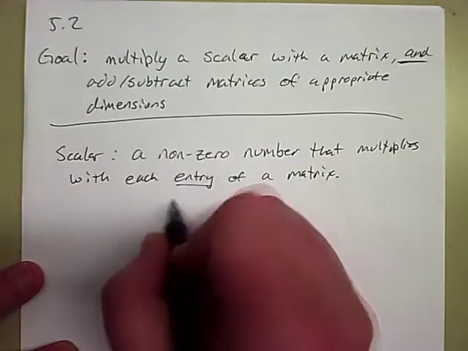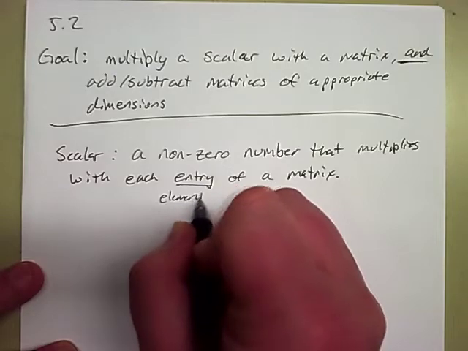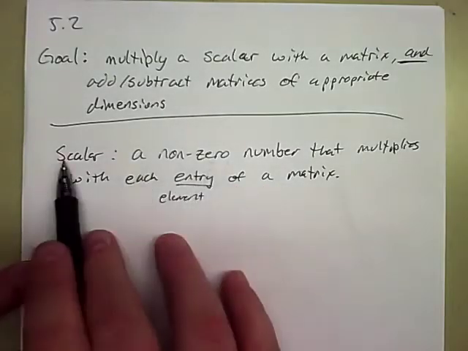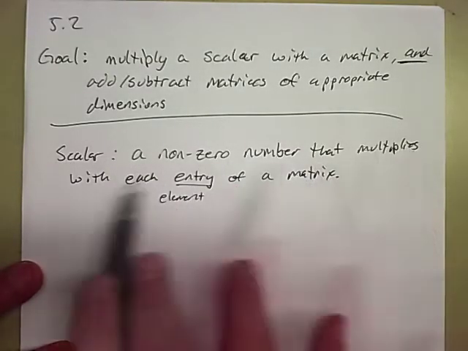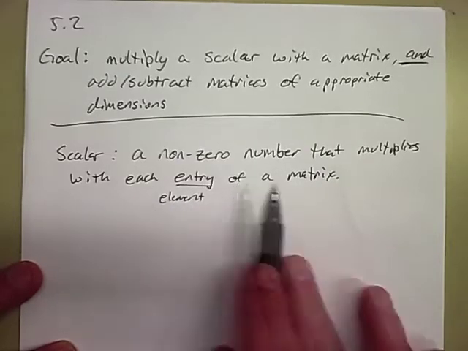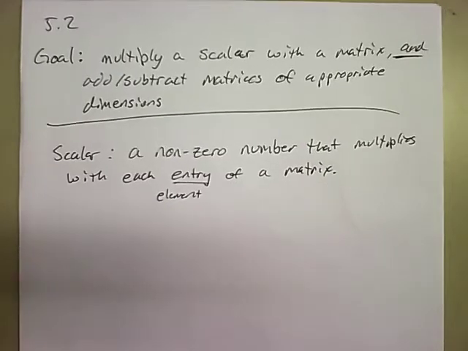And I really, for this word, I should have written the word element. So the scalar is a non-zero number that's going to multiply with each element inside the matrix. Okay? So let's take a look at an example of what that might be.